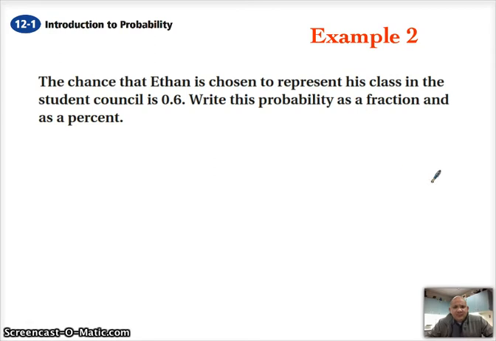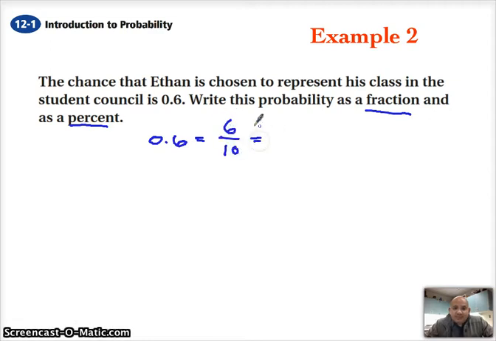Let's look at this example. It says the chance that Ethan is chosen to represent his class in the student council is 6/10. Write this probability as a fraction and as a percent. Okay, this is actually pretty simple. You're used to these type of problems. Let's translate this into a fraction. 6/10 would look like 6/10.